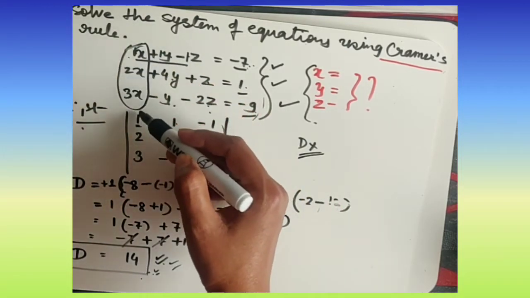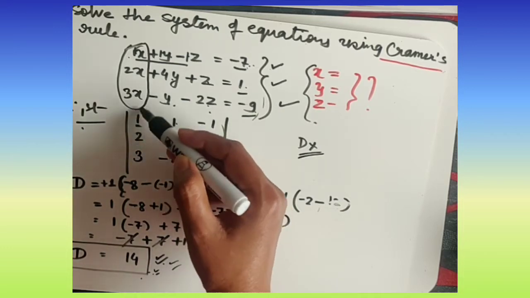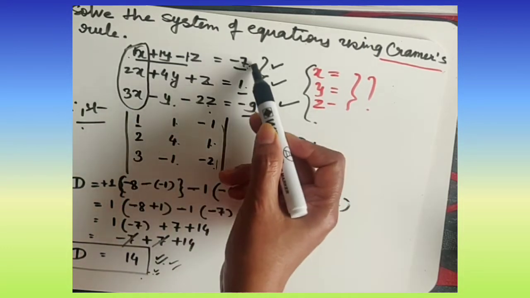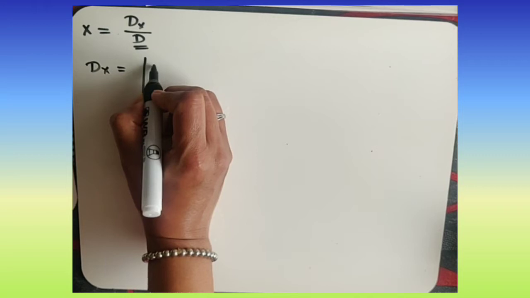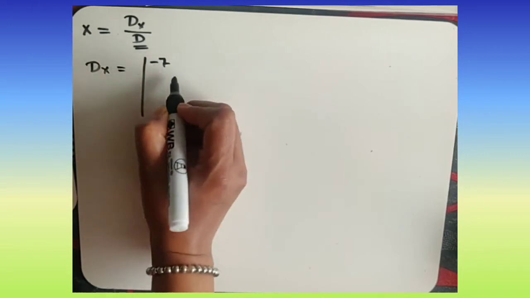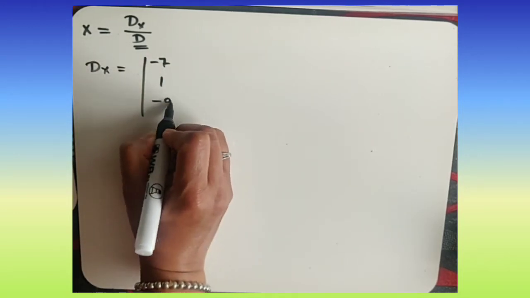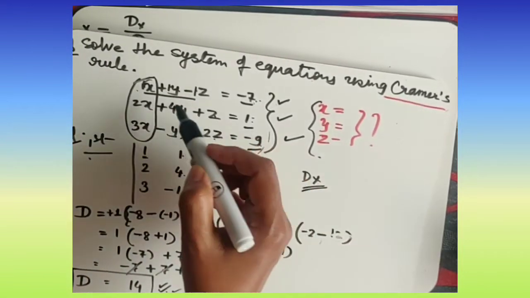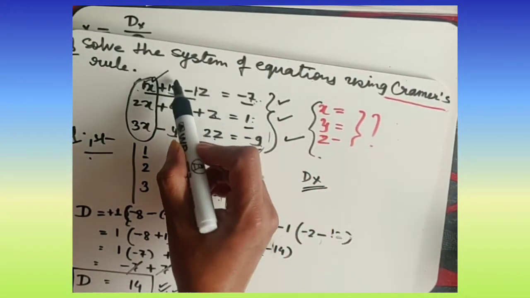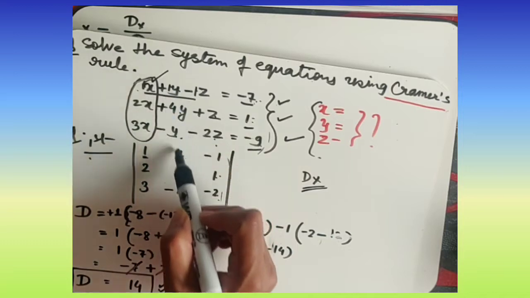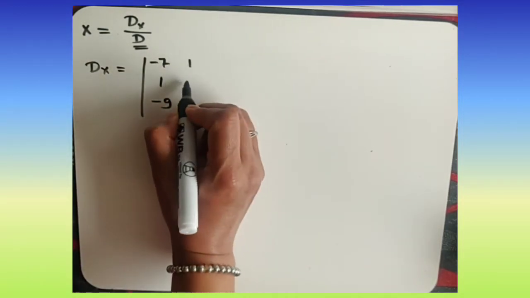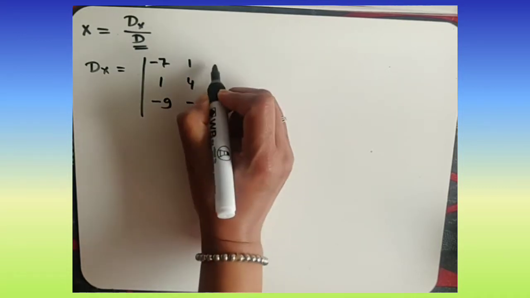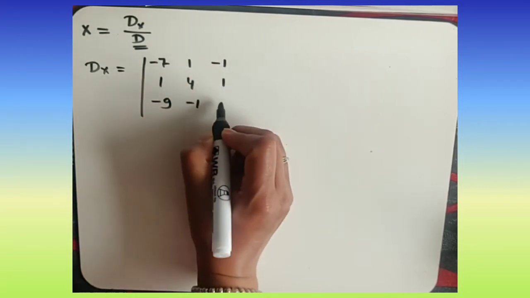So in place of x, forget the x coefficients and put in -7, 1 and -9. Because we are finding x, the y and z coefficients we write as they are: 1, 4, -1, and -1, 1 and -2.